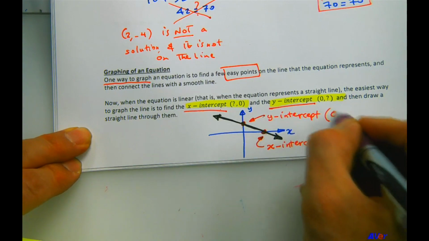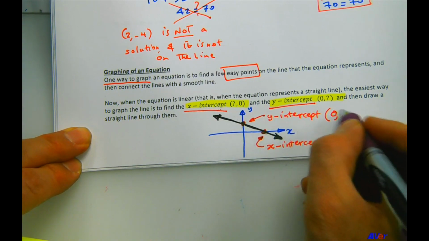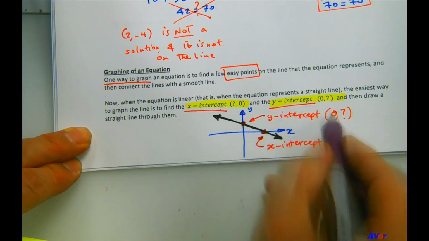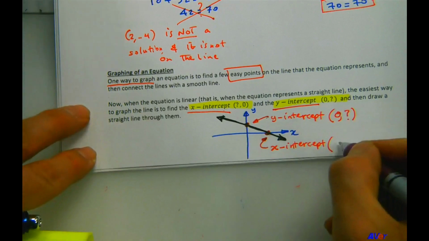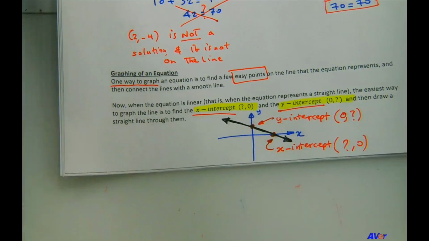So you always have the x component 0, and the y component is something you have to look for, which is very easily done. When you plug in 0 for x or y, that term drops out. That's why it's easy: one of the terms in the equation has dropped out.